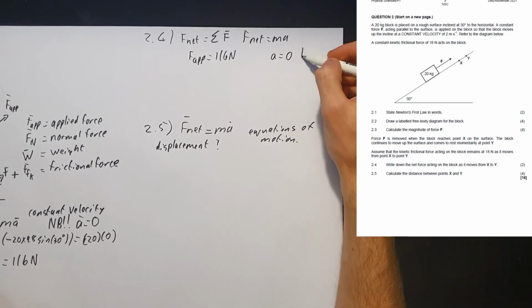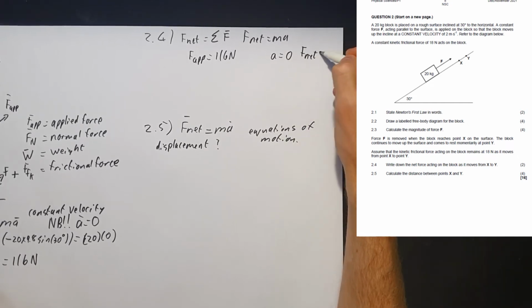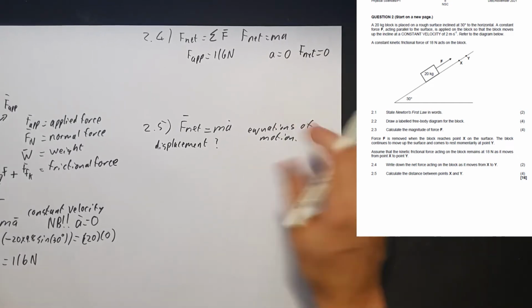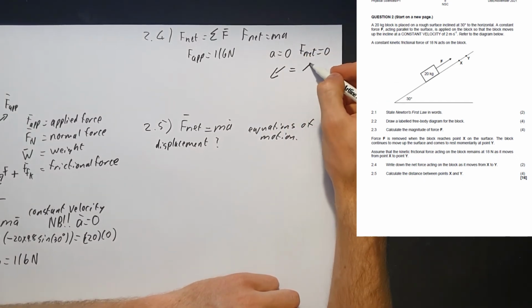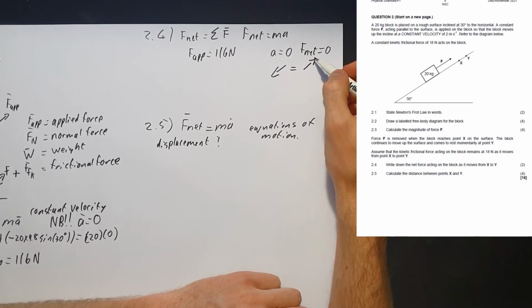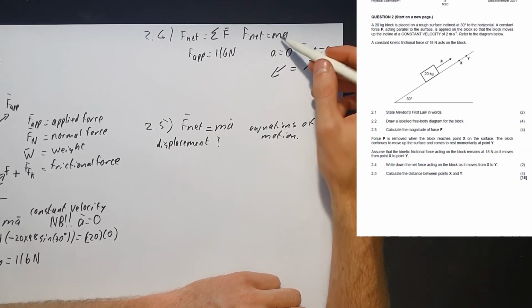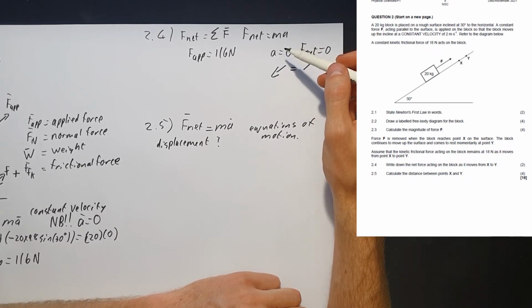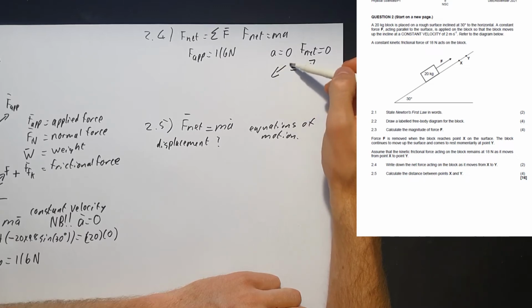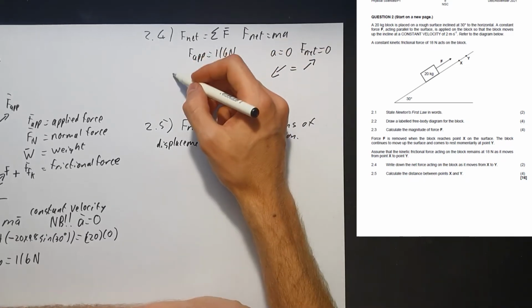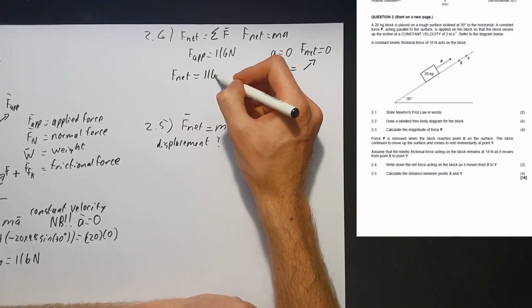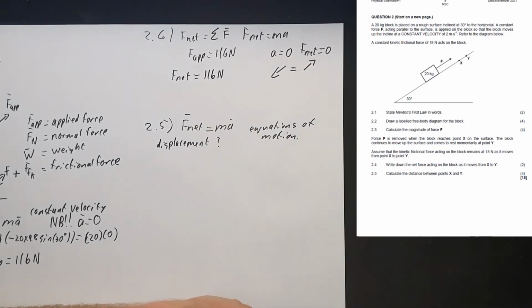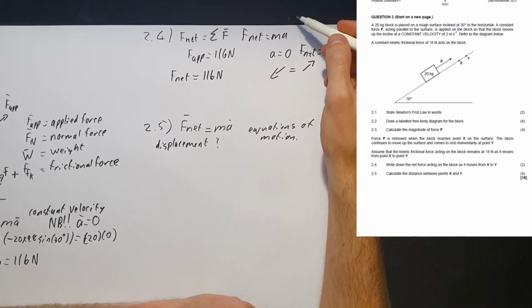So technically my net force needs to equal 0, meaning whatever's pulling down the slope must equal whatever's pulling up the slope. So if I take away the applied force, I'm then just left with the force moving down the slope. Therefore F net is just equal to 160 newtons if I remove the applied force.